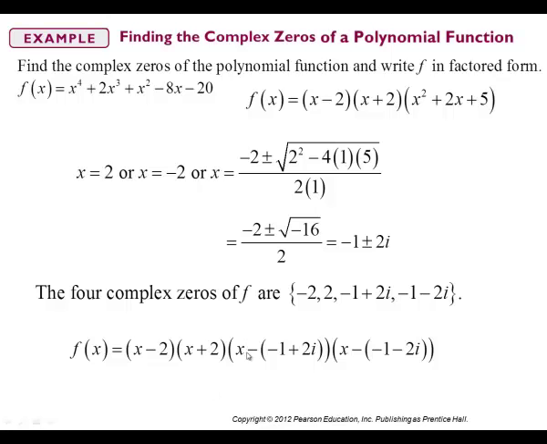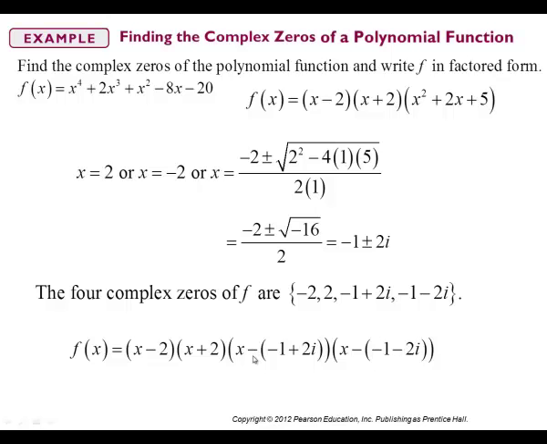But now this would be x minus r sub 3 and x minus r sub 4. So you have to put minus and then parentheses negative 1 plus 2i. So you're going to have parentheses within parentheses. And then this would be x minus and then negative 1 minus 2i. You have to have the parentheses here.